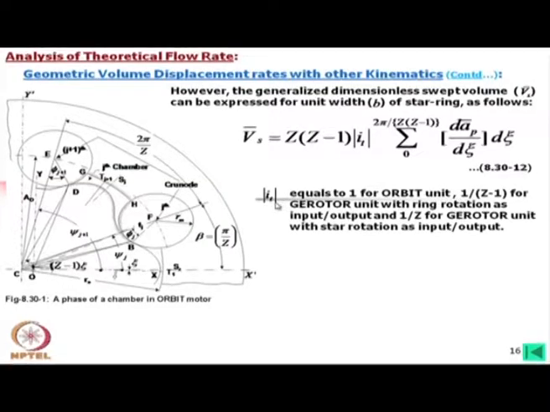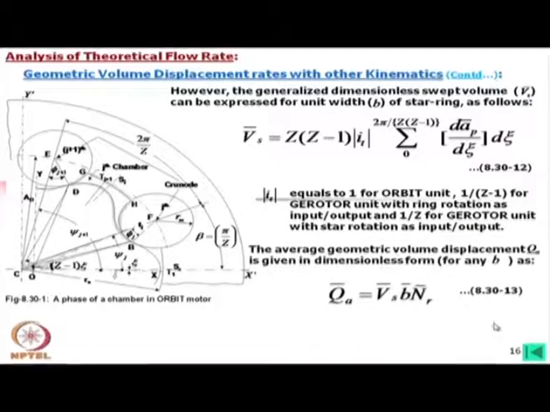This is shown here, but I will show you the simplest way of calculating the swept volume. Again, this is the same thing I described while using this formula: the average geometric volume displacement Q A average. If you estimate this with respect to this, we will find the flow fluctuation.